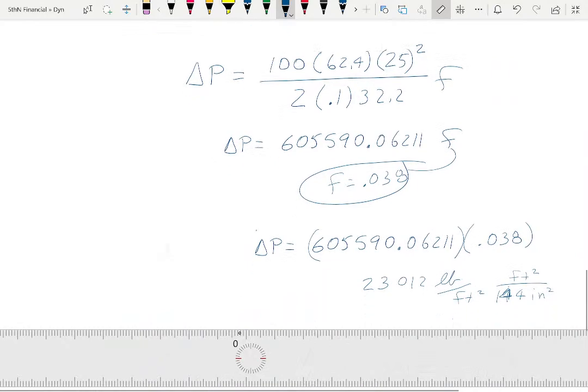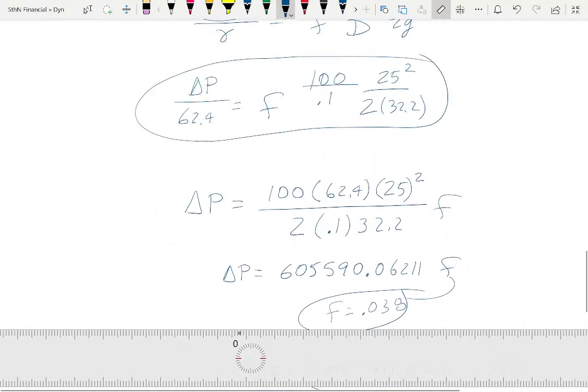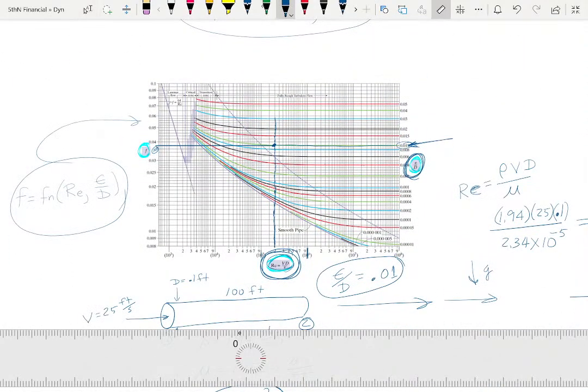And that's pretty much it. Being able to read this diagram is all over the FE exam, or whatever that exam is called. I forget what that thing is called now. It's called something. So that's pretty important.